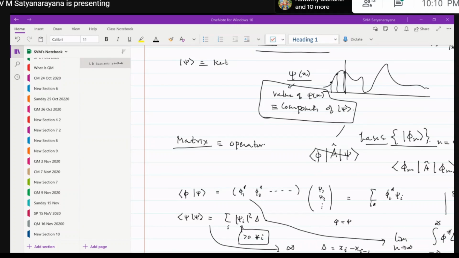I chose that option. Another was a 3-level system with levels 0, 1, 2, and Einstein's coefficients. A21 is 1.2 into 10 to the power minus 8 second inverse, and A20 is 8 into 10 to the power 7 second inverse.